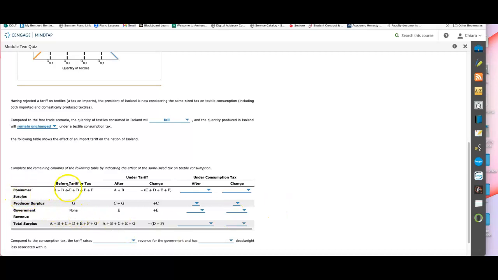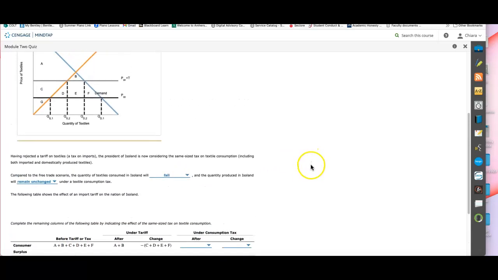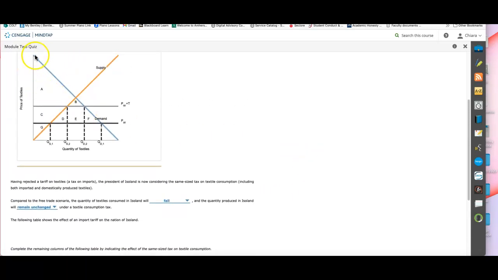Consumer surplus. Before the tax, it was A, B, C, D, E, F, right? It's the whole area below the demand curve, that is here, all the way to the world price. So this triangle would have been here, the world price. Let me see if I can write it for you.